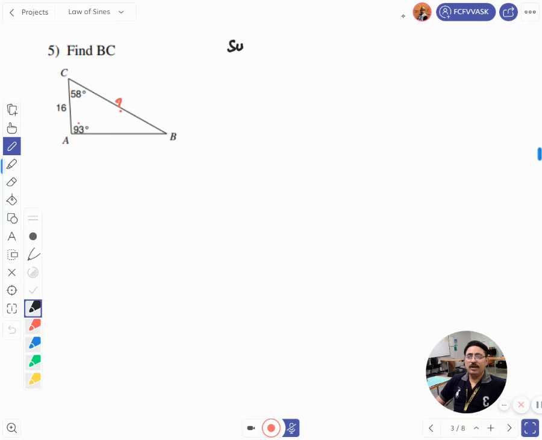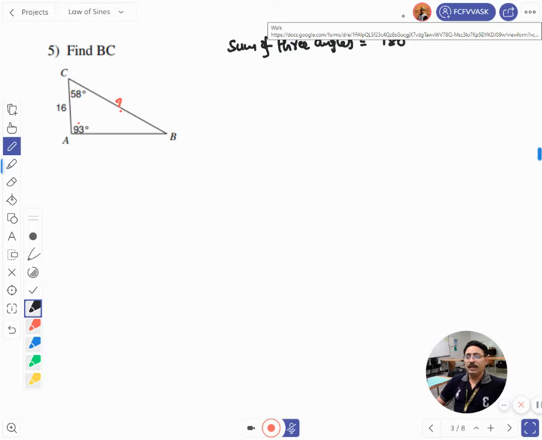So let me write that sum of three angles of a triangle is 180. I see that one angle is 58 degrees, second angle is 93 degrees, and the third one, which is angle B, is missing.